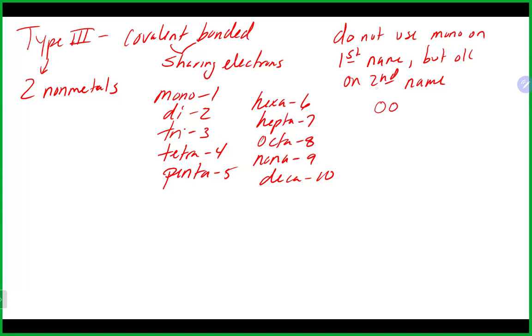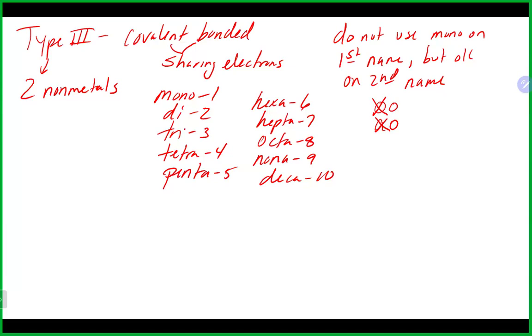In that case, we typically get rid of the prefix vowel. Also, an A and an O is a common thing that will happen, and we get rid of the A from the prefix as well. So I think we looked at monoxide, which is not what we call it. We call it monoxide. So again, we get rid of one of those O's.